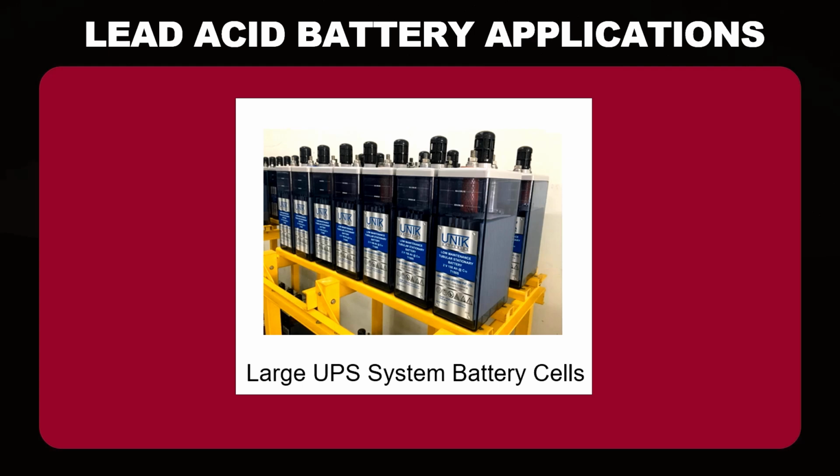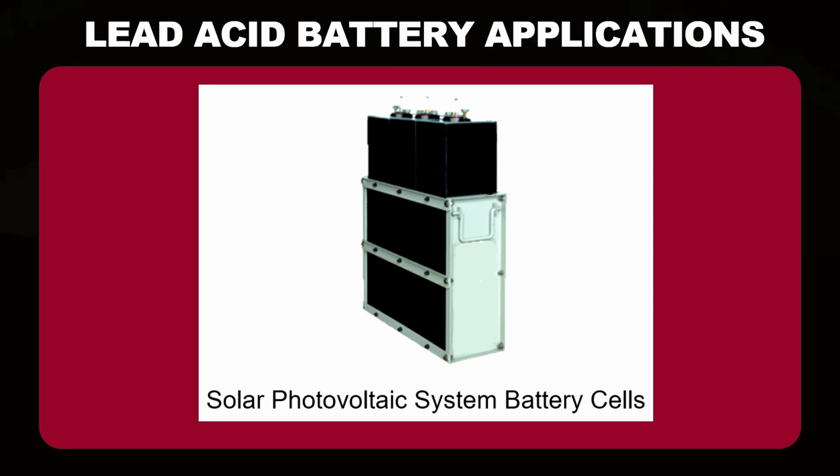Now, similar battery cells in transparent containers with some design and formulation changes are also used in solar photovoltaic systems. So these are a few 2-volt cells manufactured in PP containers connected in series and used for solar photovoltaic systems.